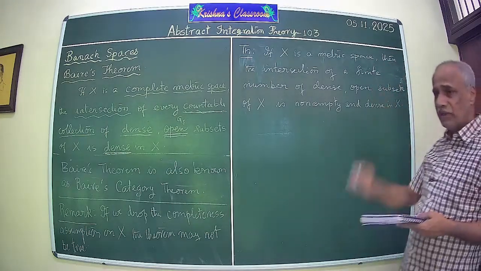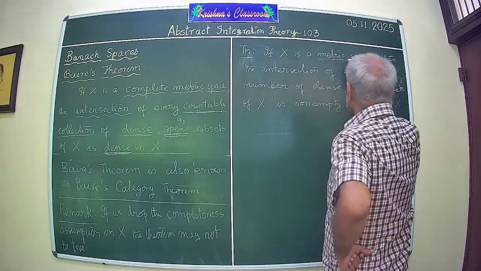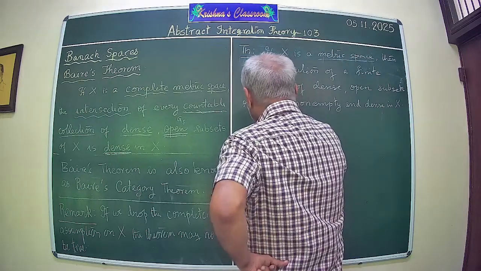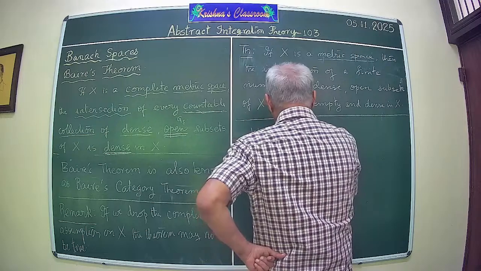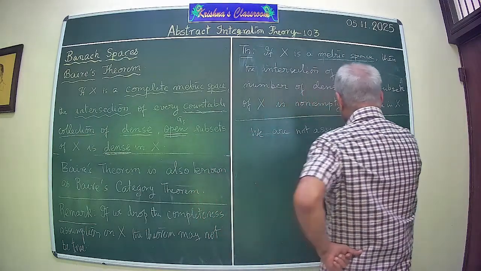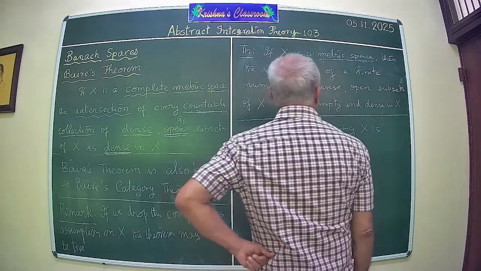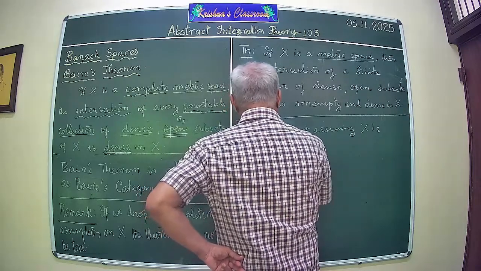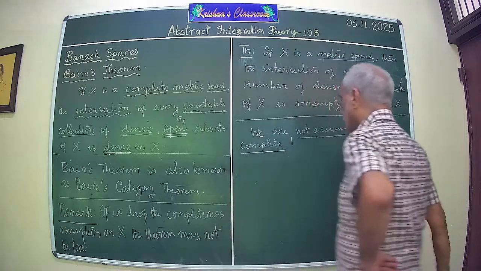Now this we have proved. What we have done is essentially that it's a metric space, but we are not assuming X is complete. So that is one thing. We are not assuming X is complete.